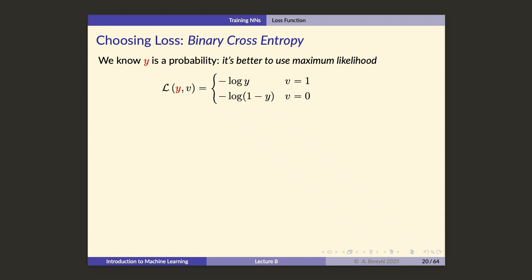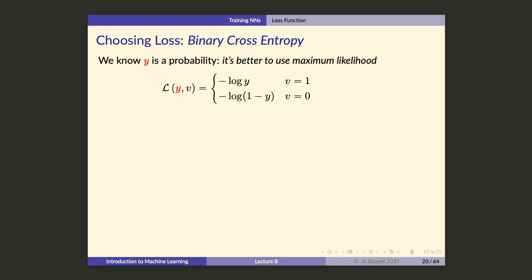If y is smaller than 1, then 1 over y is larger than 1, right? Log of something more than 1, is it positive or negative? Positive. Log of 2 is positive, right? Log of 1, what is it? It's 0, right? So when y is 1, this loss term is going to be 0.